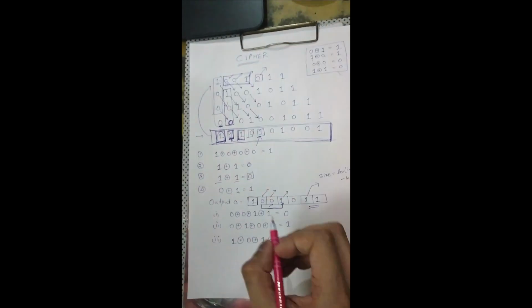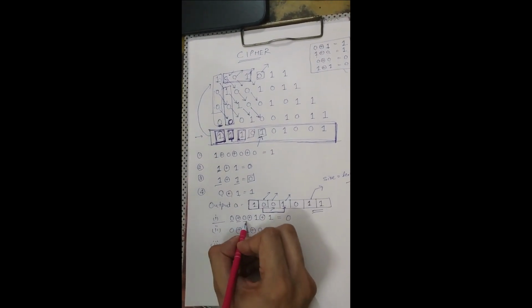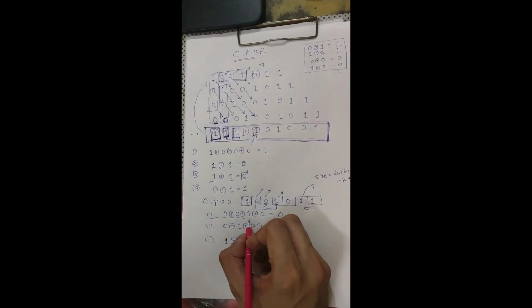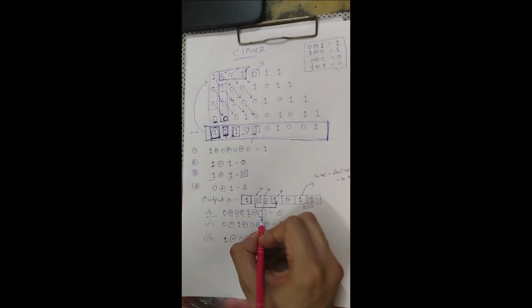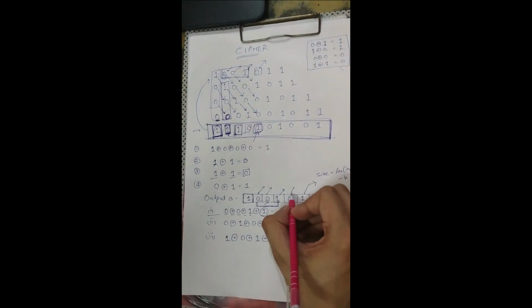So that's why I did 0 XOR 0 XOR 1 XOR 1, which is here. That gave me another digit and I store it here.